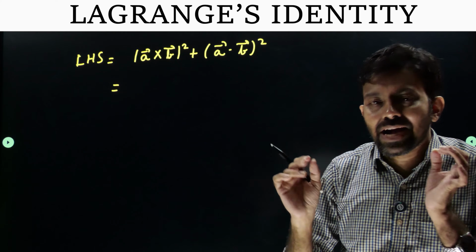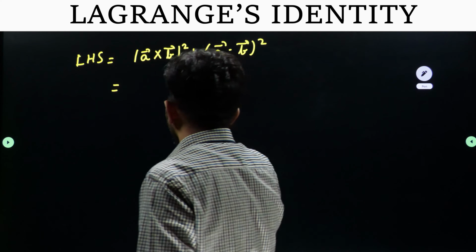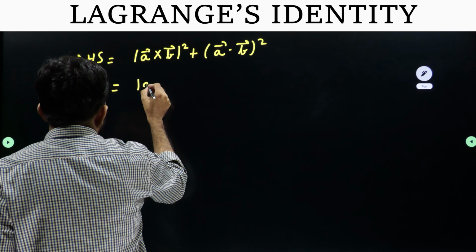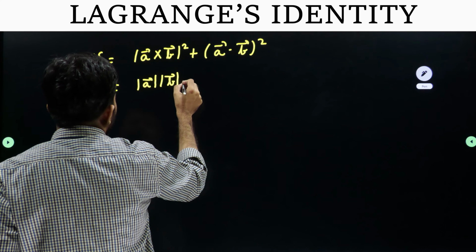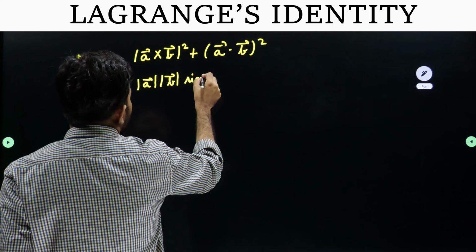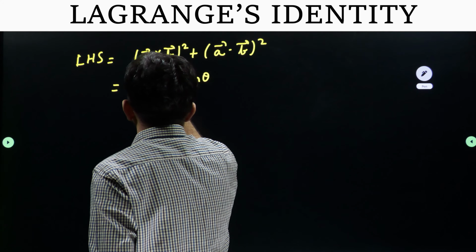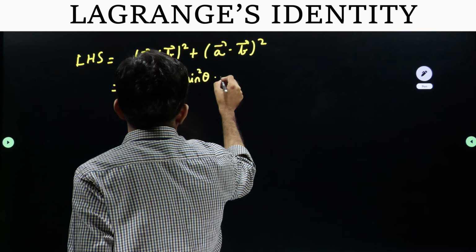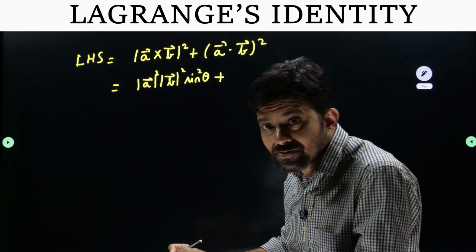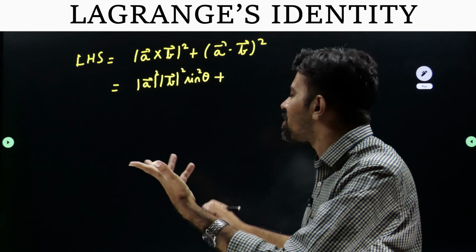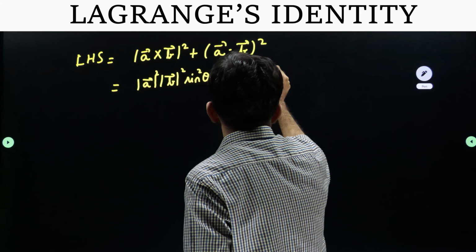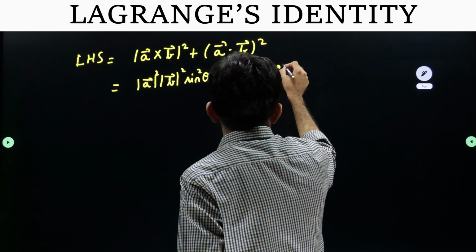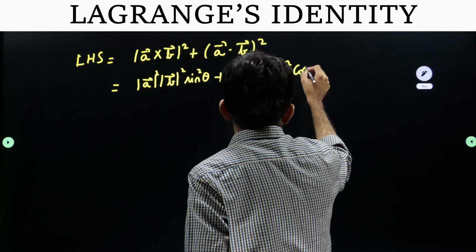Magnitude of vector A, magnitude of vector B, sin theta. Square is there, no? So square everywhere. Square it. A dot B is magnitude of vector A, magnitude of vector B into cos theta. Because square is there, square every term here. We get like this.